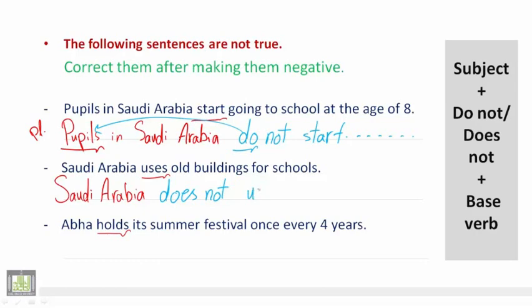We say does not use, to the end of the sentence. So we used does not because we have a singular noun.